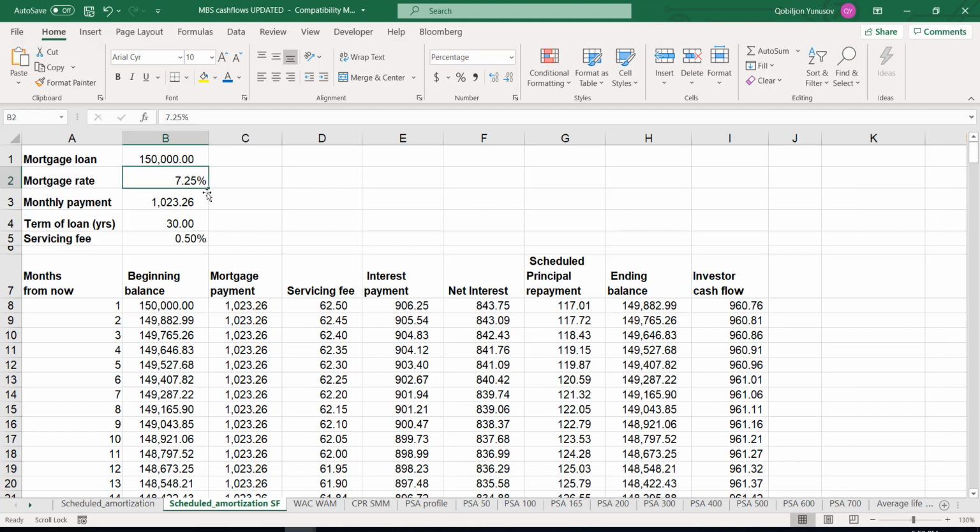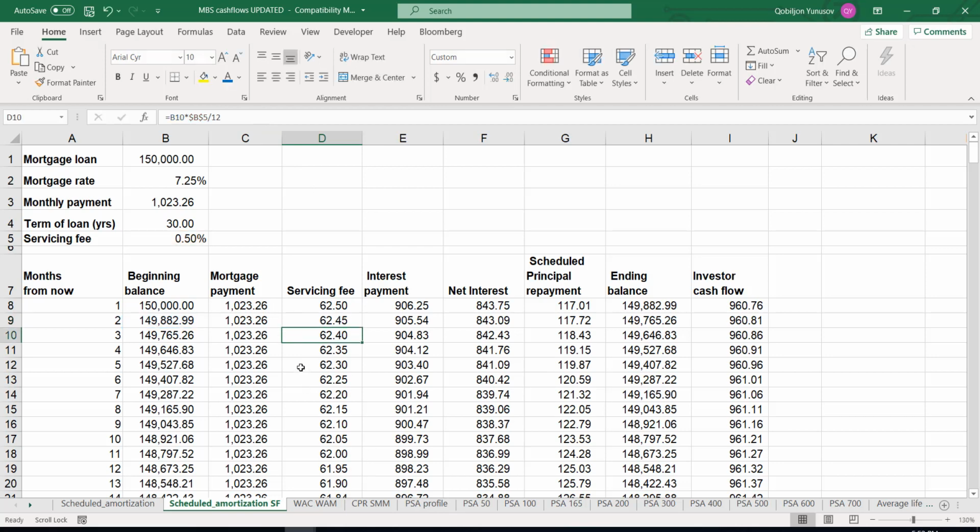When you include the servicing spread into this bond, the mortgage rate is 7.25 if you remember. Notice that I need to include the fee inside the structure. So let's say the servicing fee is 0.5%. So how do you add it? Well, I just take the servicing fee multiplied by the beginning balance for the period, and I keep doing it for each period.